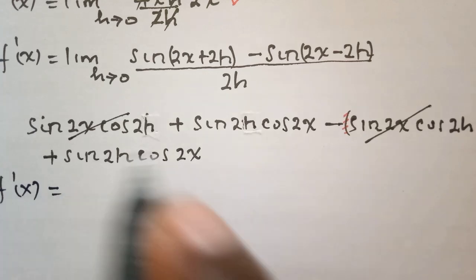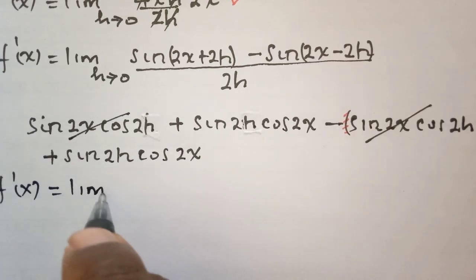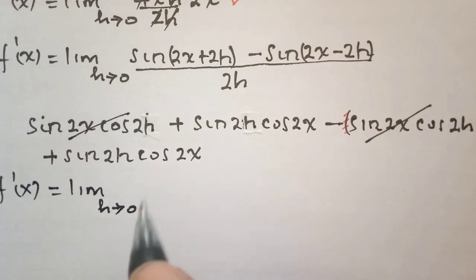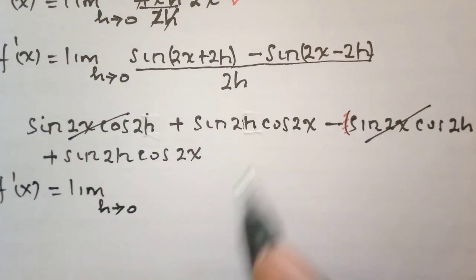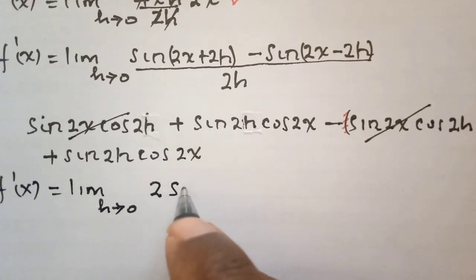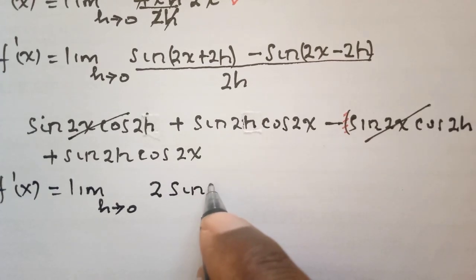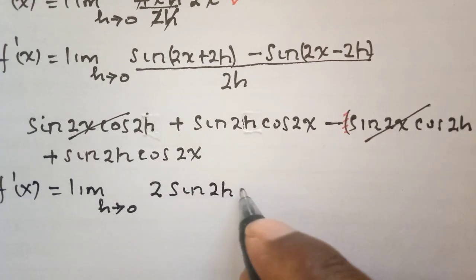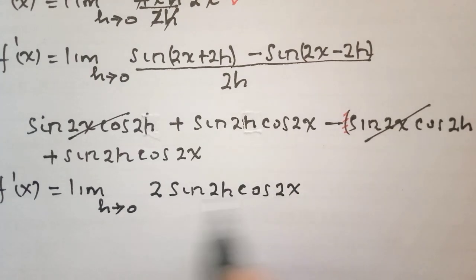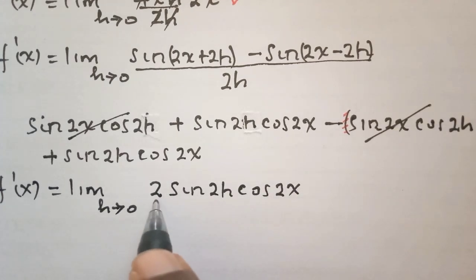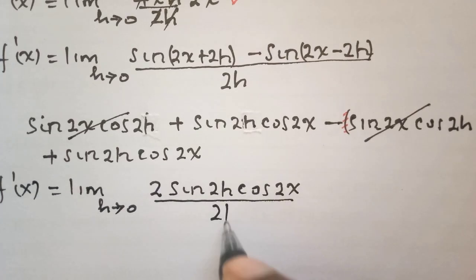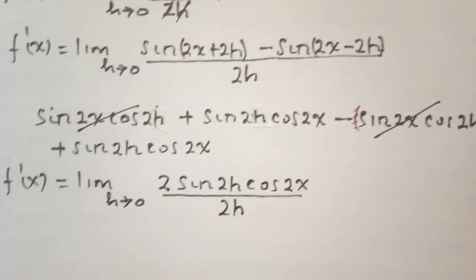is equal to limit h tends to 0. Now you add these two. You'll have 2 sine 2h cos 2x, like that, all over 2h, like that, guys.